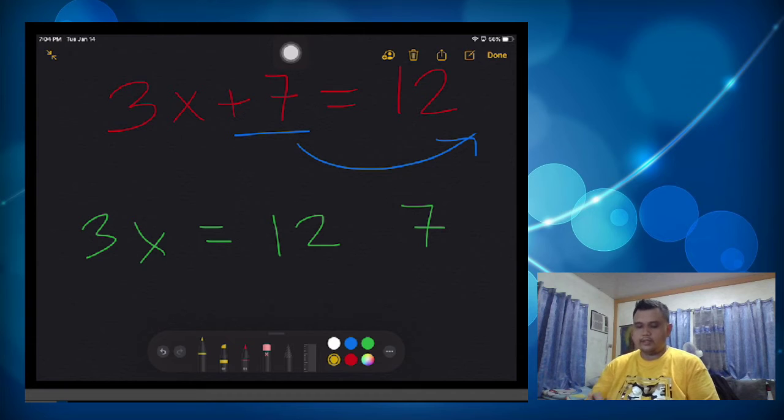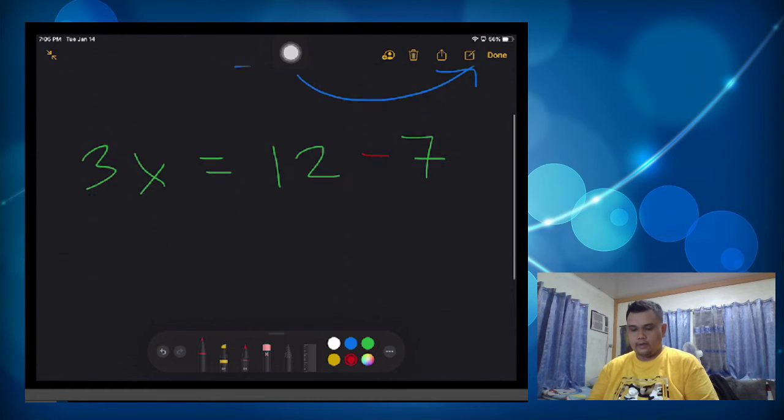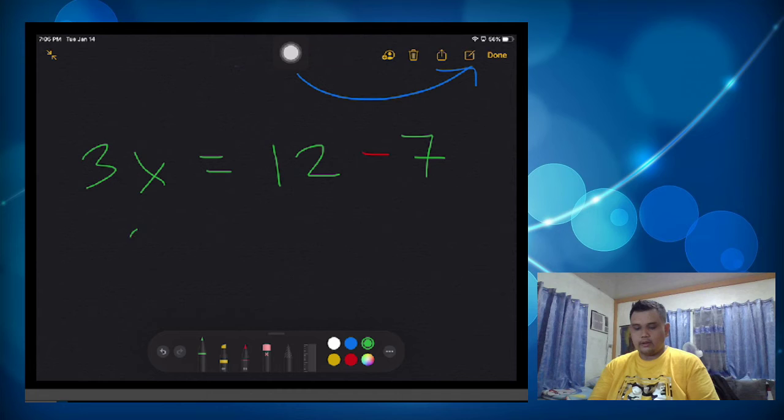And if you notice that we have a positive 7 here, on the other side of the equation, it will now become a negative. If you wonder why it's negative, you can go to my video where I was teaching about the process of addition and subtraction in solving for the unknown. Okay, so here we now have 3x equals 12 minus 7, which is 5.